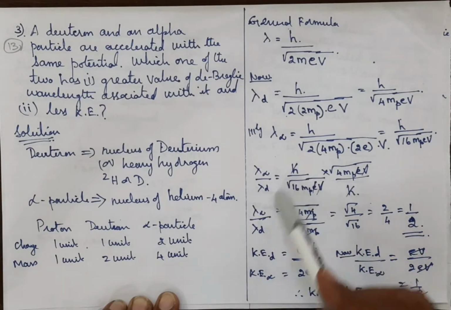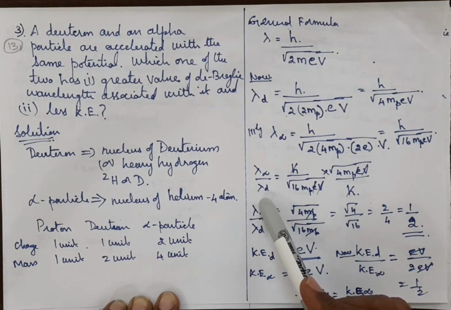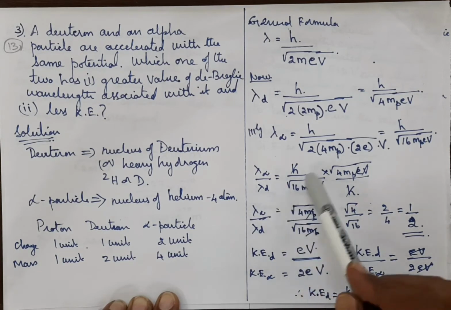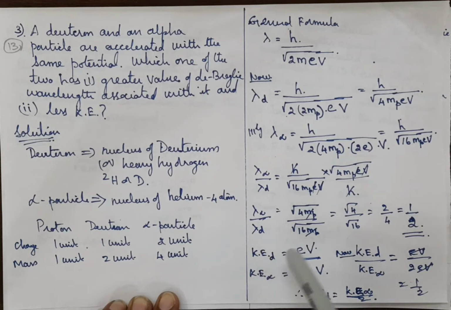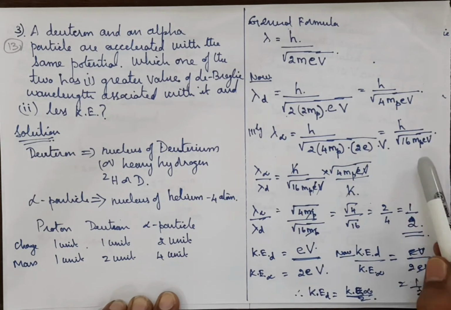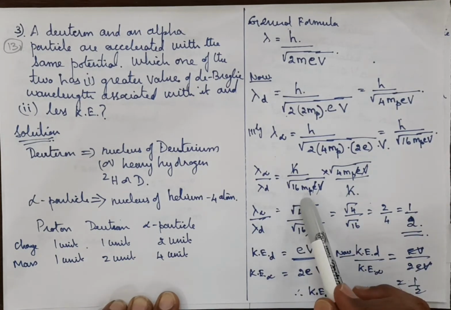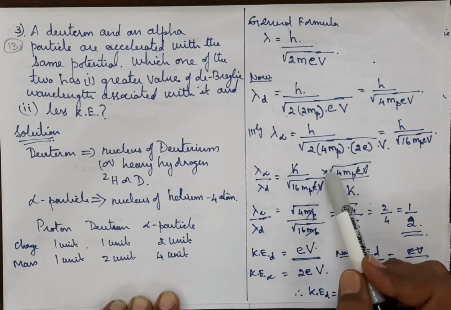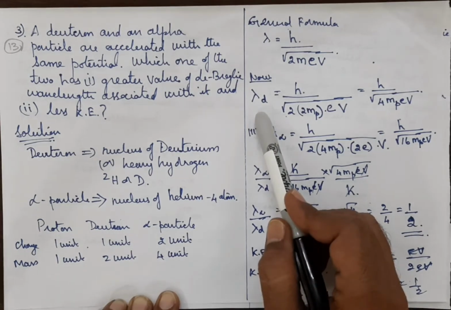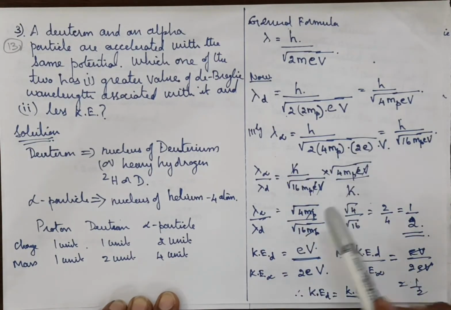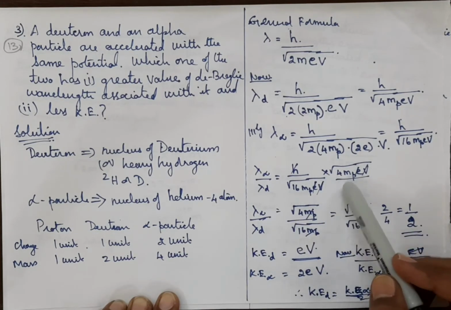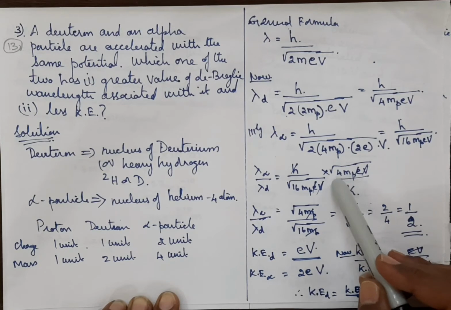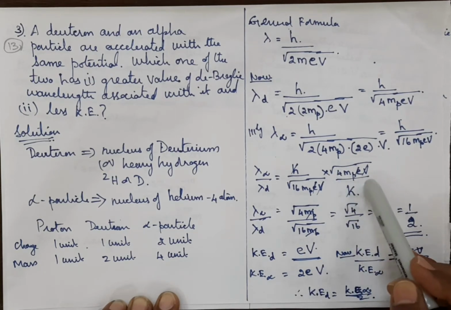Now we find the ratio lambda alpha divided by lambda D. Lambda alpha is h by root of 16 mp eV, the mass of the proton into e into V. We have to divide by lambda D. Instead of dividing, we can multiply by the inverse of lambda D, so this will come in the numerator: root of 4 mp eV divided by h.